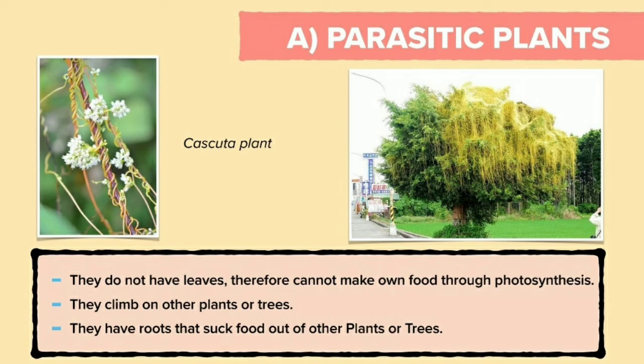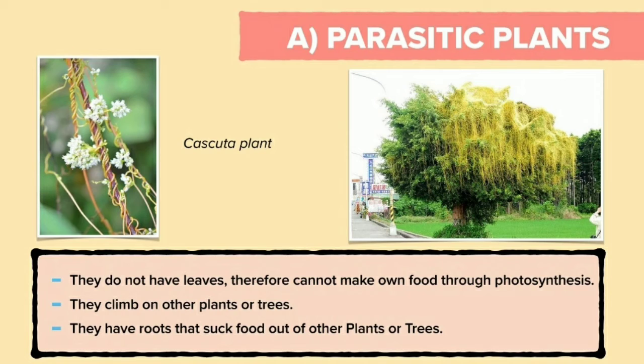Now, children, the plants that grow on the body of other plants to obtain food are called parasitic plants. They do not have leaves, therefore they cannot make their own food through photosynthesis. They climb on other plants or trees, and they have roots that suck food out of the other plants or trees.